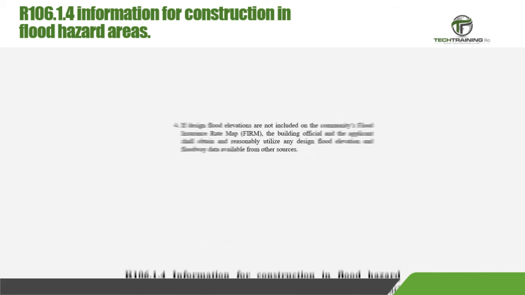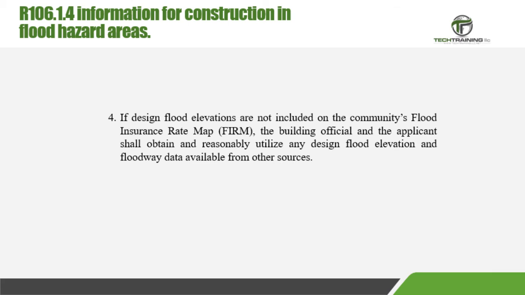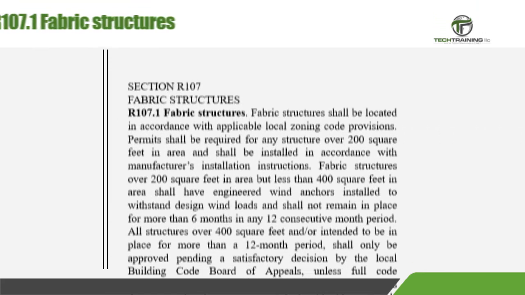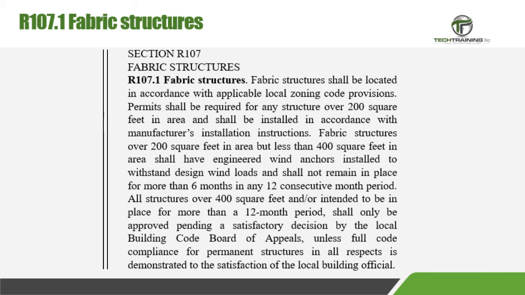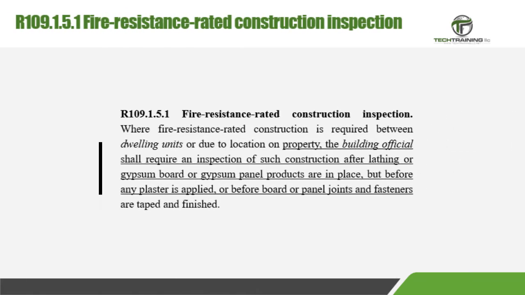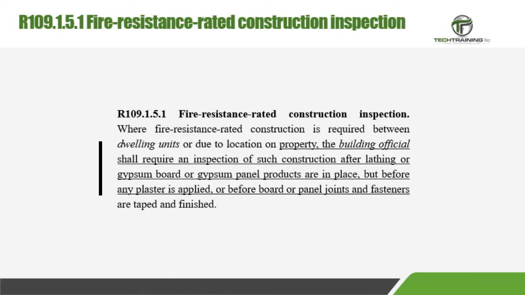Here we see the continuation of R106.1.4. However, there were no changes in this section of the provision. R107.1 is fabric structures and is an amendment in the state of Rhode Island. R109.1.5.1 fire resistance rated construction inspection had a technical change within the provision.